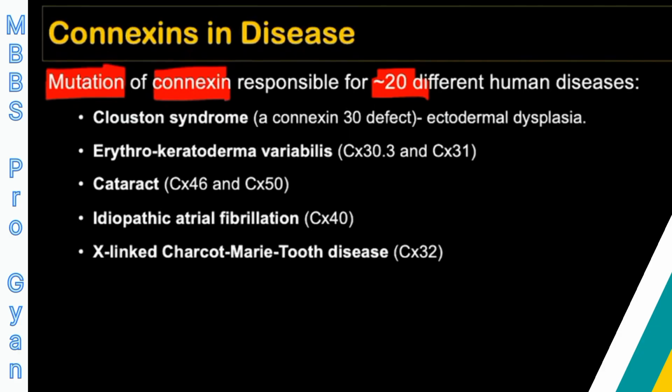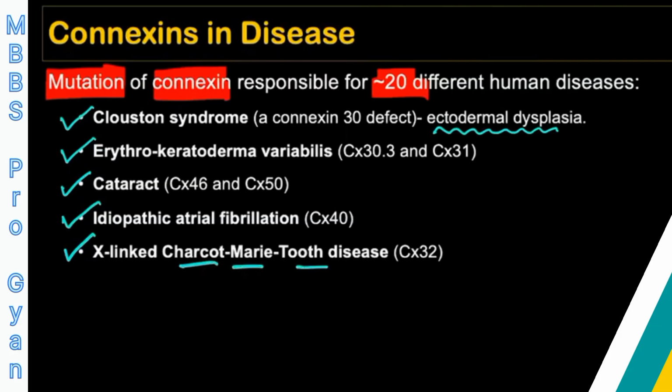But you have to remember certain diseases, for example Clouston syndrome, right? This is basically an ectodermal dysplasia affecting the nails, hair, skin, all this region. Then second is erythrokeratoderma variabilis, with migratory erythema developed over the skin. Again, this is a skin disease. Then cataract, idiopathic atrial fibrillation, and X-linked Charcot-Marie-Tooth disease.